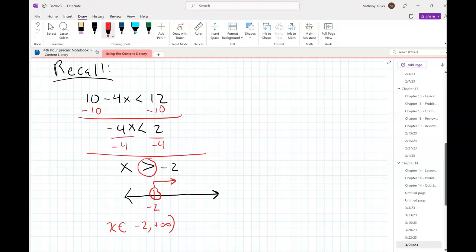Is -2 part of the answer or not? It's not part of the answer, right? Because it's not equal to, we didn't draw it with the filled circle. So which one is not part? Parenthesis or bracket? Parenthesis. The brackets are including. Everybody's okay with that? So that's an Algebra 1 kind of example.